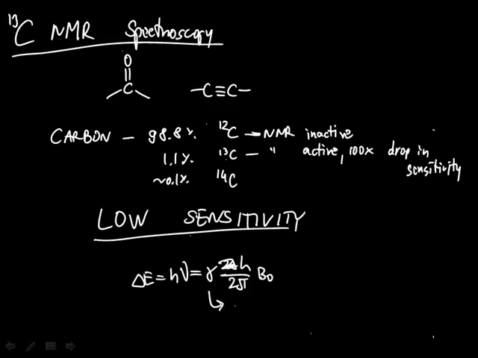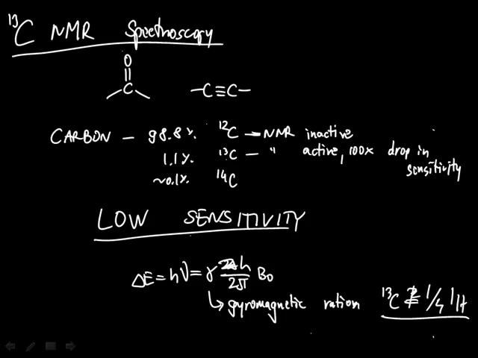Well, the gyromagnetic ratio for carbon is just 1/4 of that for proton, which causes an even further drop in sensitivity of about 4-fold. So overall, carbon-13 spectroscopy is about 400 times weaker than proton NMR.